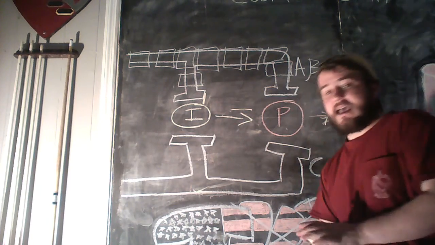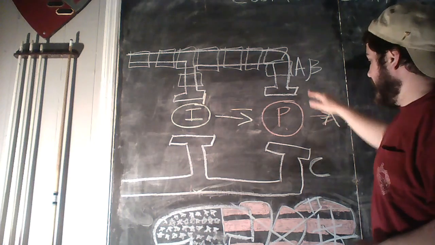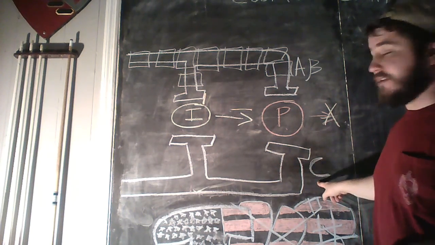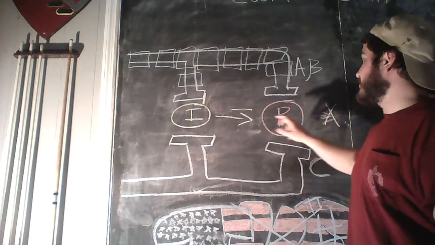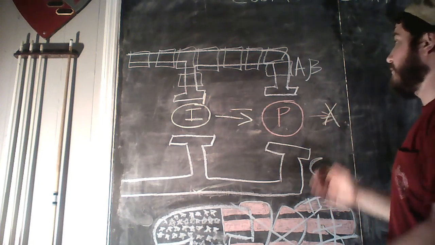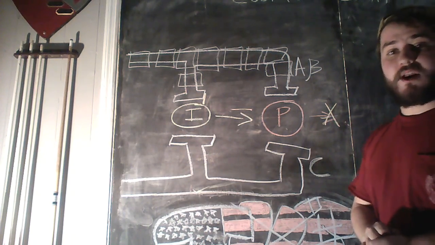So what we need to happen is we need to have more of these A beta fibers than the C fibers or the nociceptive fibers in order for this to act onto the projection neuron and then not have activity get sent further up and into the brain.